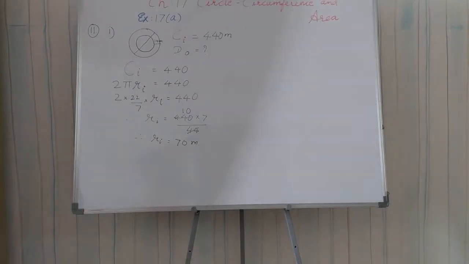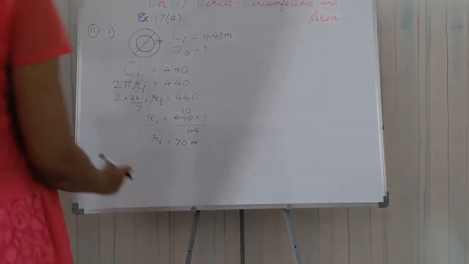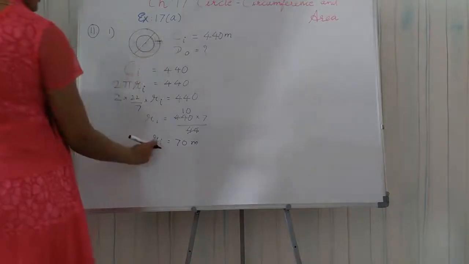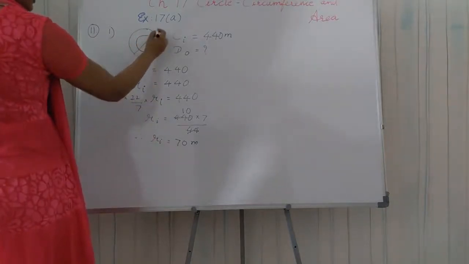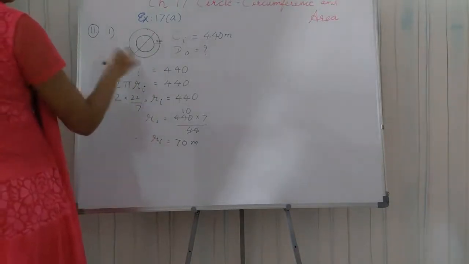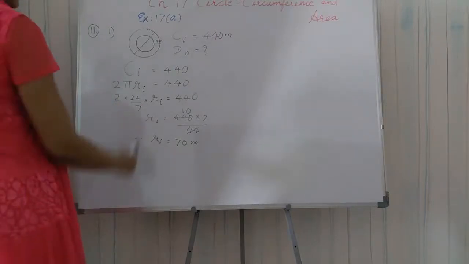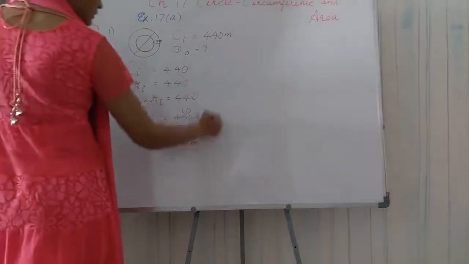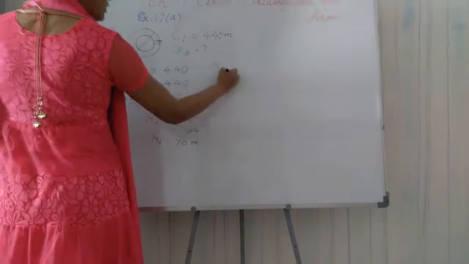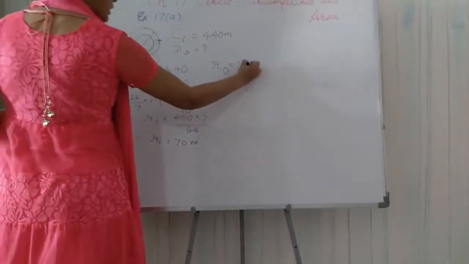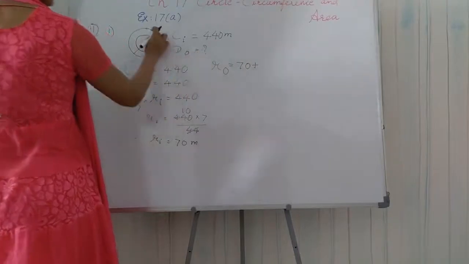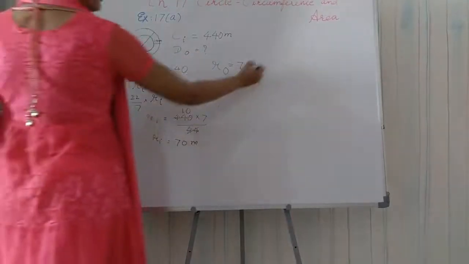Now, let us take our outer radius. You see that the inner radius is found. So, now I can find the outer radius and then the outer diameter also. How do we find RO, the outer radius? That is the inner radius 70 plus the width of the track, that is 14 meter.